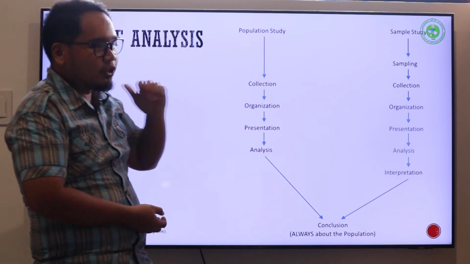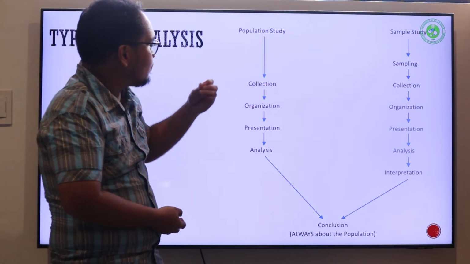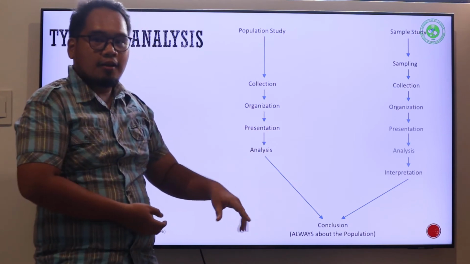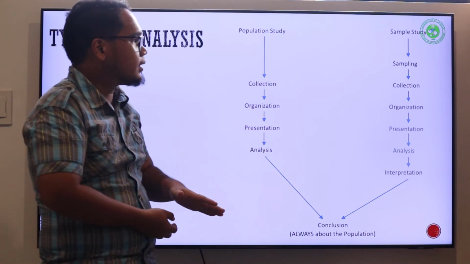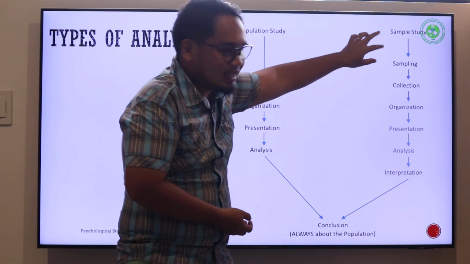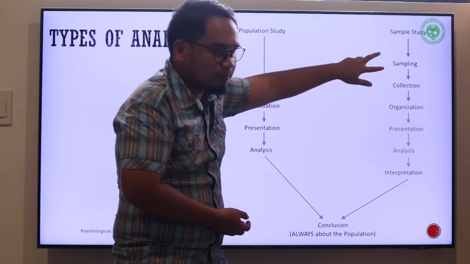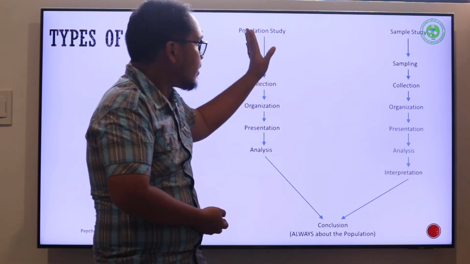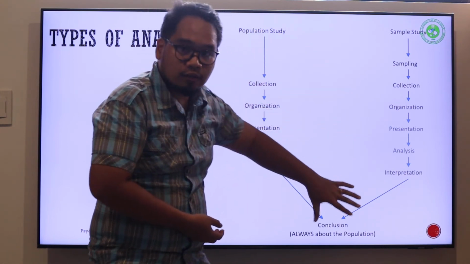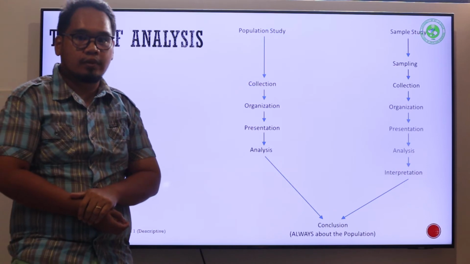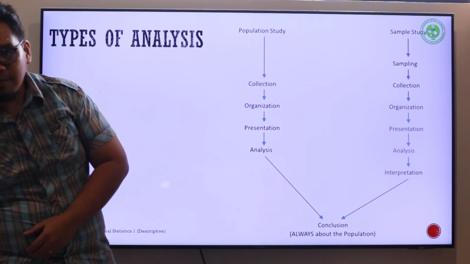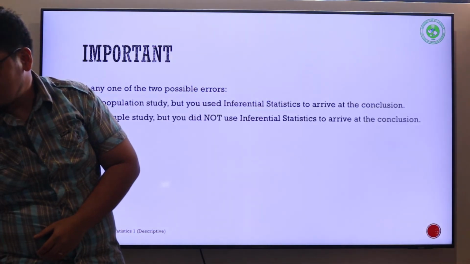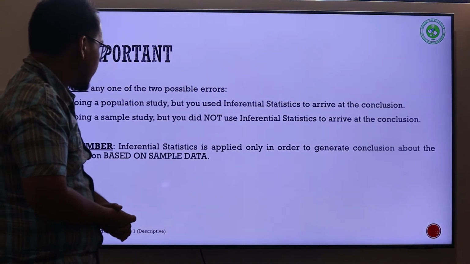So again, I want to reiterate: when you perform a population study, when you perform a census, we do not interpret because the results are straightforward. When we perform a sample study, sampling is crucial and interpretation is a must to reflect back to the population, and that's when we can conclude. Some important things that one needs to put into mind every time we're doing research.